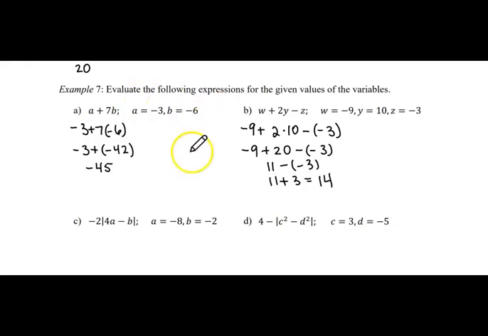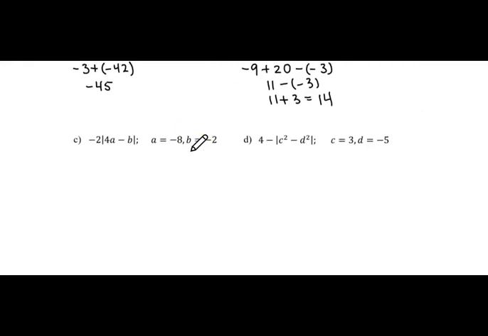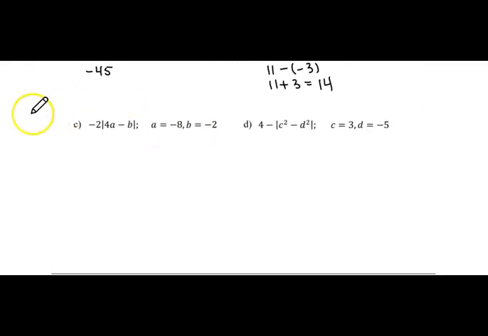Okay. We have two more problems. Evaluating -2 times the absolute value of 4a minus b when a is -8 and b is -2. So I'm going to start by plugging everything in. So -2, absolute value, 4 times -8 minus -2.